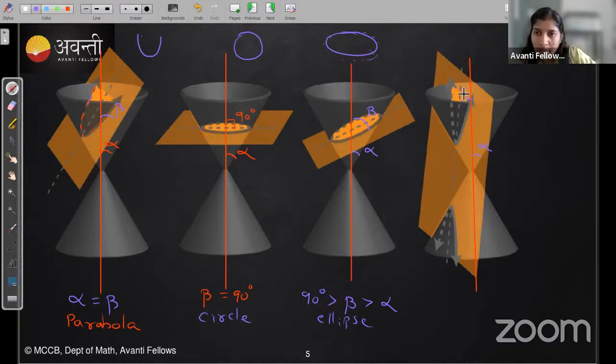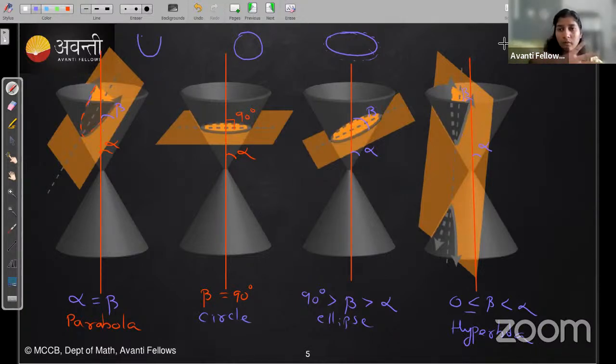If beta is less than alpha and greater than or equal to 0 degrees, that is, if the angle beta is less than the vertex angle and greater than 0, then when we cut our cone at that angle, the shape formed on the cone will be a hyperbola.